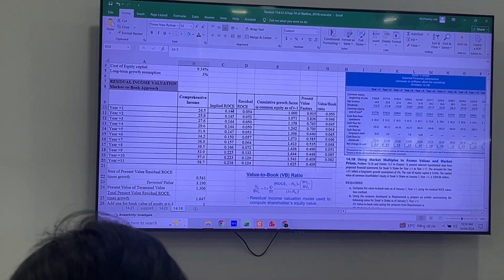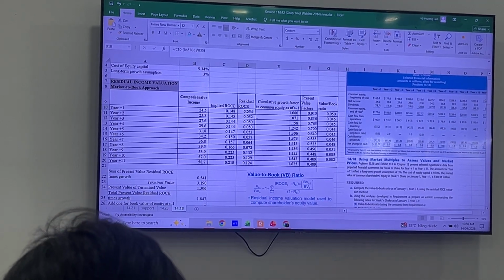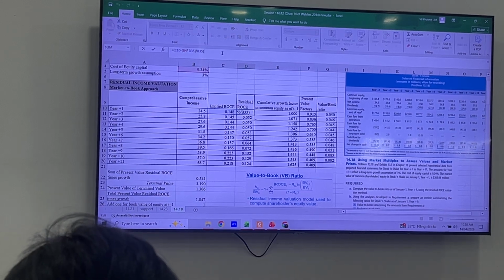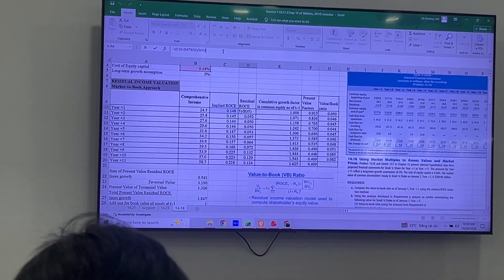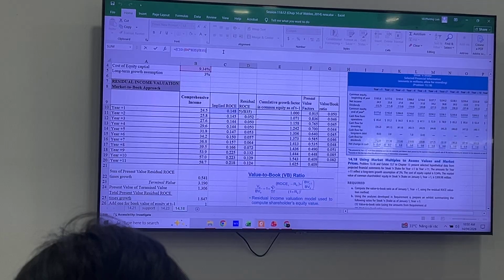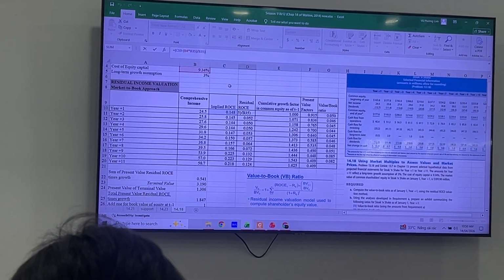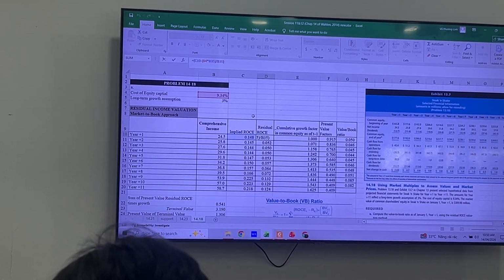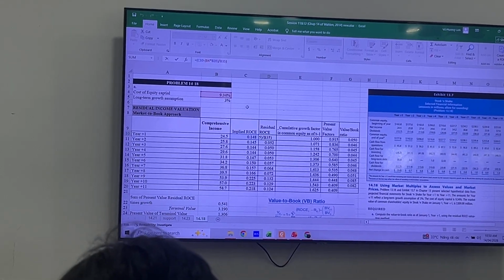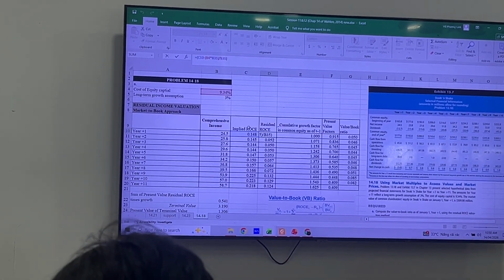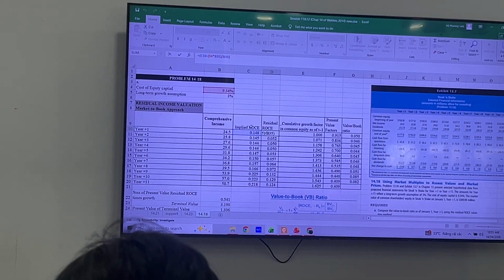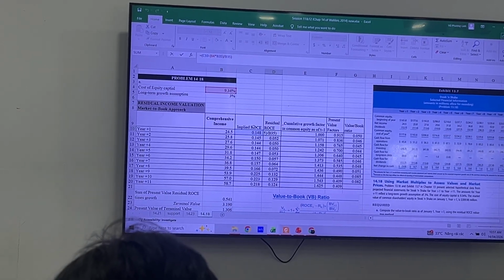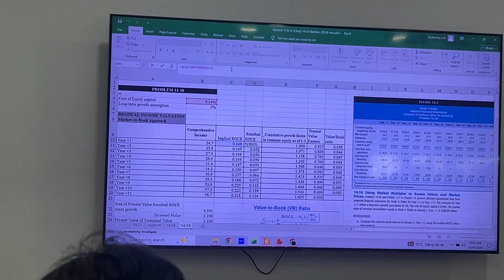Next, we will then compute what? Residual income. Residual income is the comprehensive income minus the required income. Residual ROCE equals what? The implied ROCE or the comprehensive ROCE minus the required ROCE. Okay? So how can you get the number?